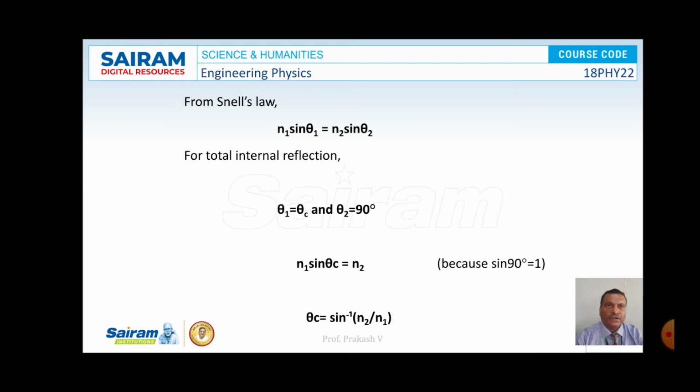For total internal reflection, in case number 2, theta 1 is theta c and theta 2 becomes 90 degrees, so the equation takes the form N1 sin theta c is equal to N2, because sin 90 degrees is 1. Therefore the critical angle theta c is sin inverse of N2 by N1. Like this, we can calculate the value of theta c by Snell's law.